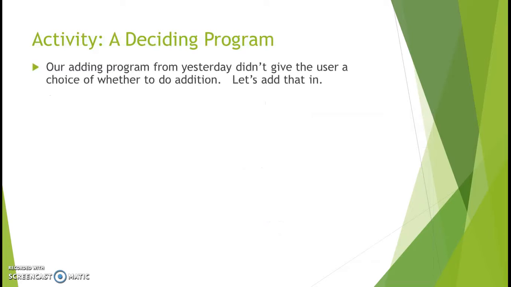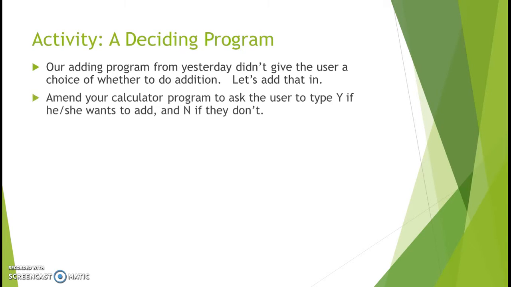Okay, now I'd like you to actually implement a deciding program of your own. Yesterday, your program didn't give the user a choice of whether to do addition. It simply instructed the user to enter the numbers. Let's add the choice in now. So what I'd like you to do is change your calculator program using the concept you've learned.